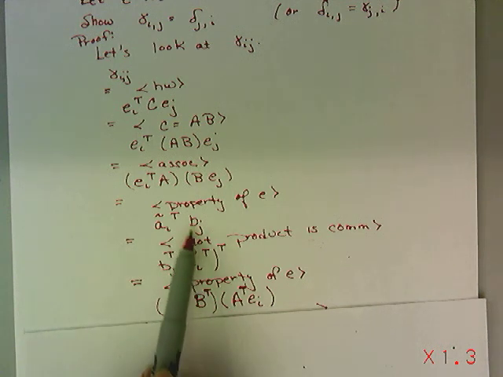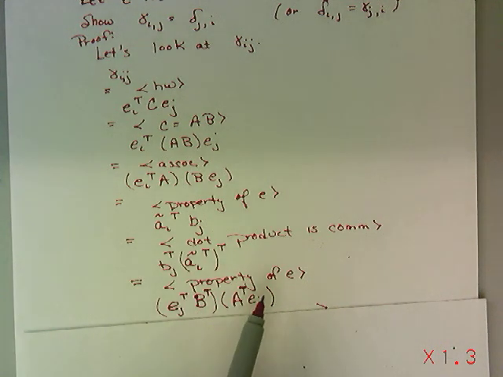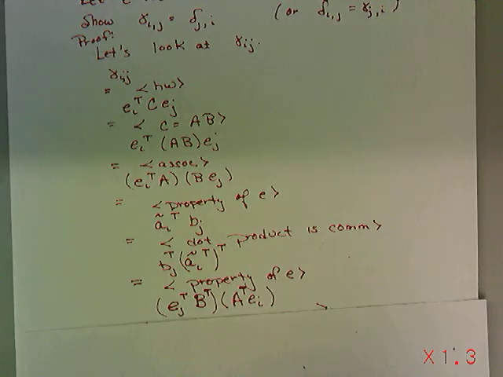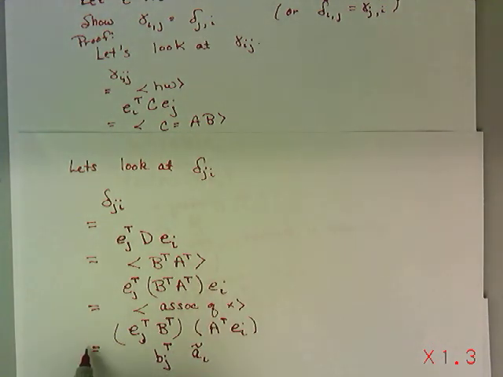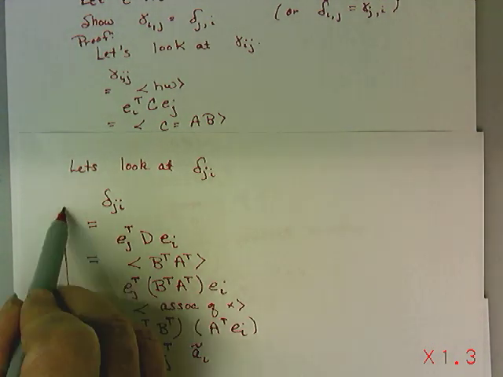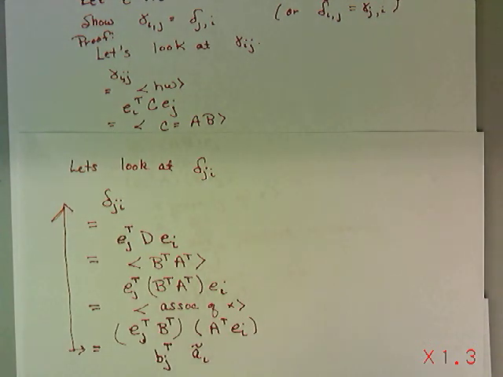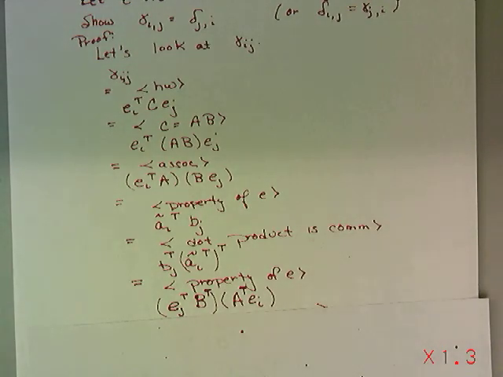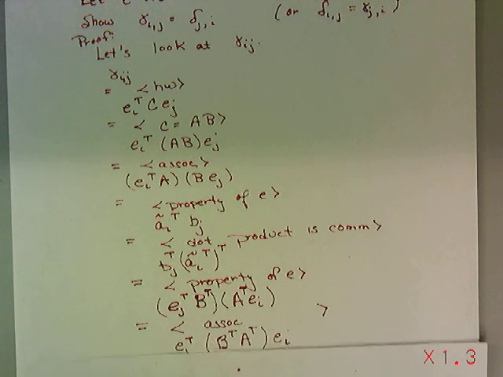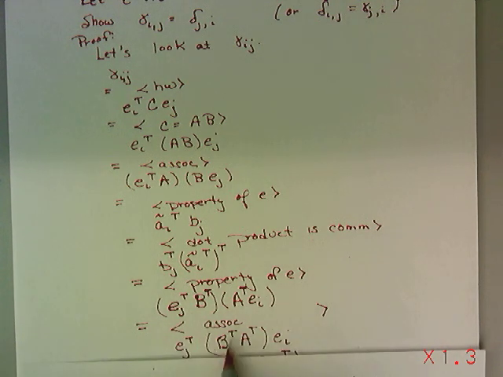I'm actually working my way out from my description for delta ji. Here, I'm working my way backwards now. And I know that this is equal to this by just writing things as unit basis vectors. And then by associativity, that's equal to this.